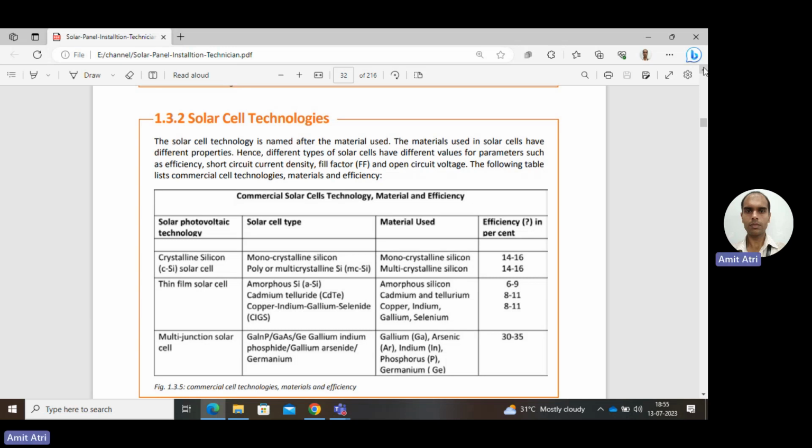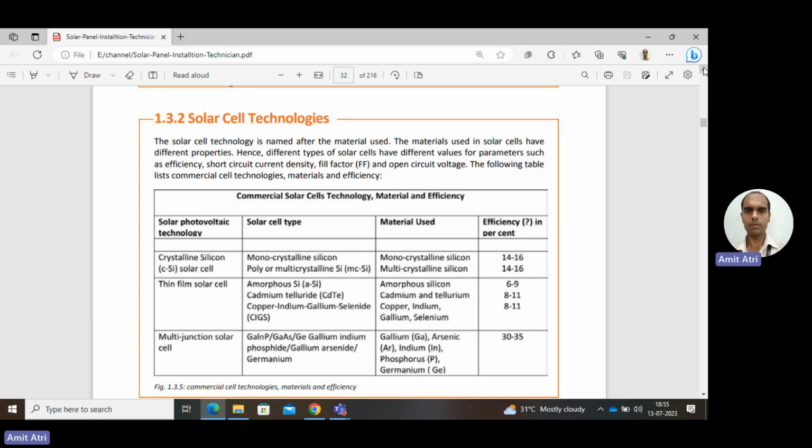So correspondingly, the type of solar cell has different values of the parameters we have just studied: efficiency, short circuit current, fill factor, open circuit voltage, all of these parameters. So in the table, first, solar photovoltaic technology.